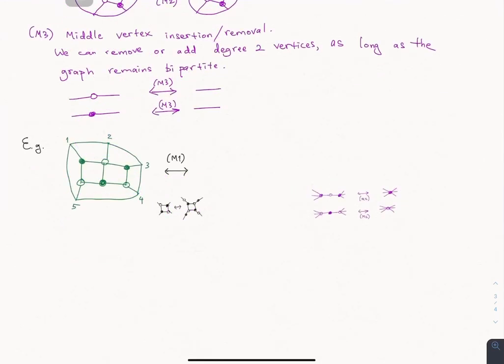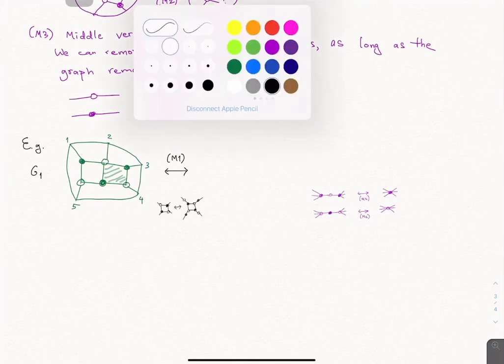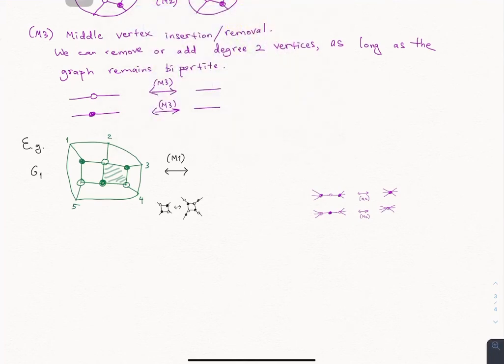For example, let's look at the bipartite graph G1. Let's say I want to apply the local move M1 and I want to apply it to this square face on the right. So what I would do then is replace the colors of the vertices.